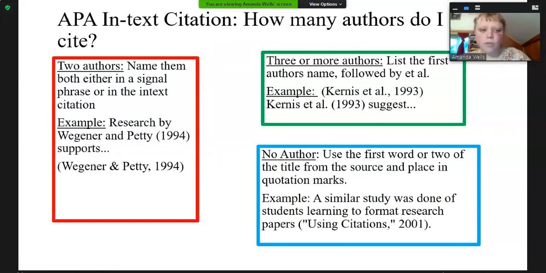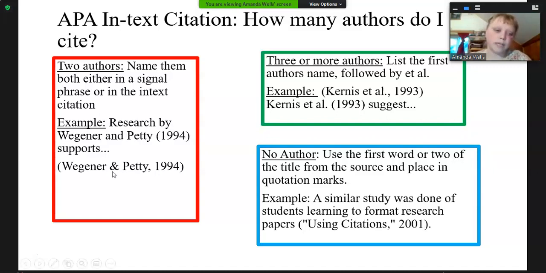If you have 2 authors, you're going to name both of their last names in the citation, as in right over here. Down here, the Wegner and Petty, they're 2 different authors, but they're both of one article, and you cite both of them.